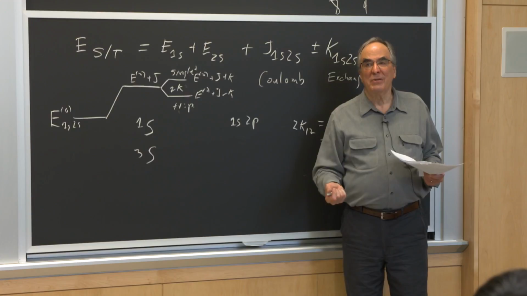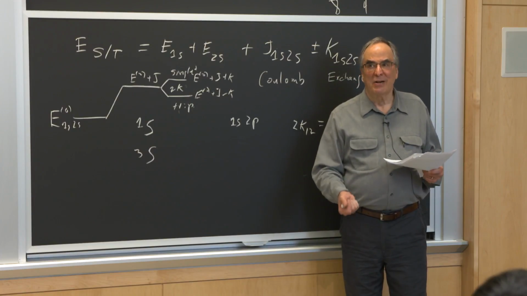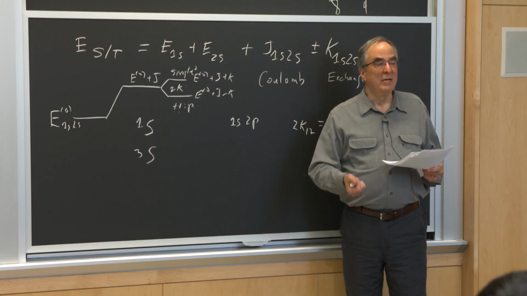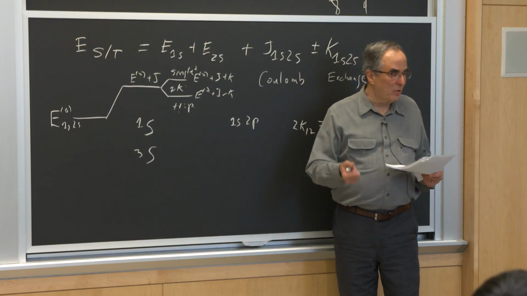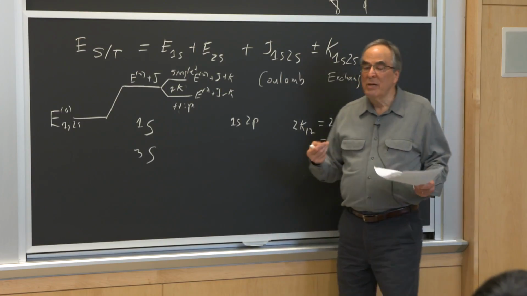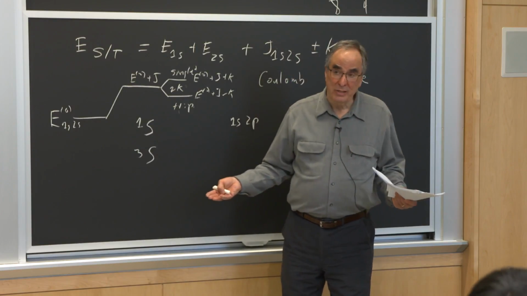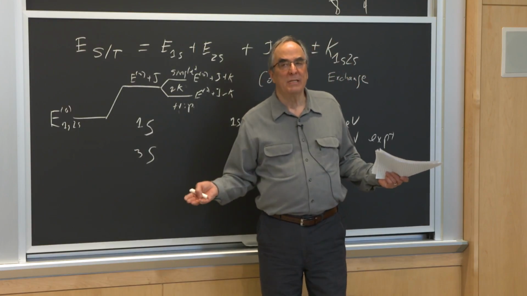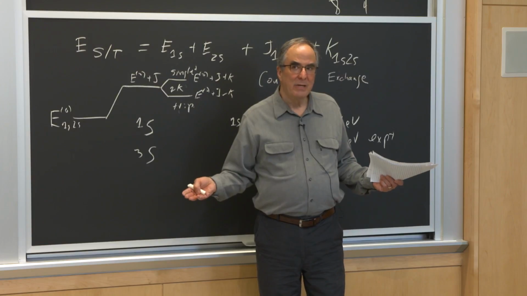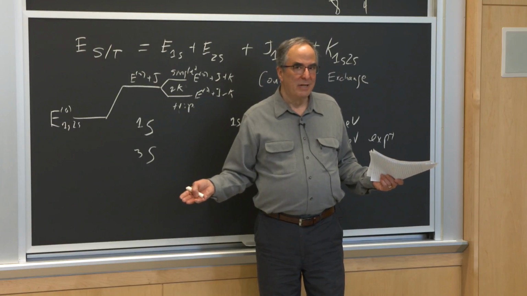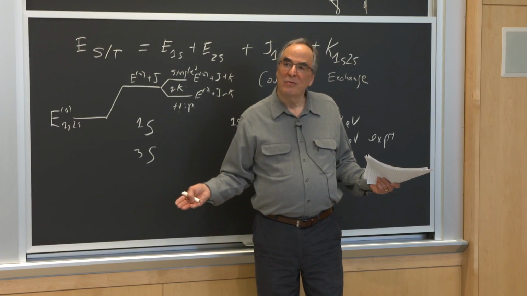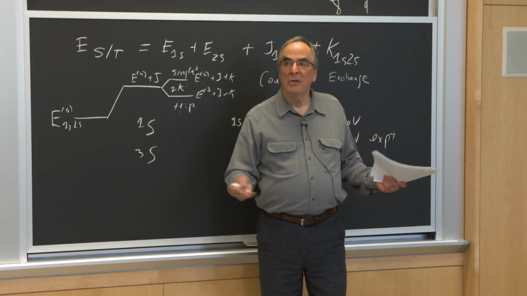And this is what makes all the calculations hard, because there is no closed form analytic expression for the correlation energy. And the way you optimize the correlation energy is throwing a huge basis set at the problem. And this is why it takes so long. And you never know that you've converged until you've thrown another million functions.